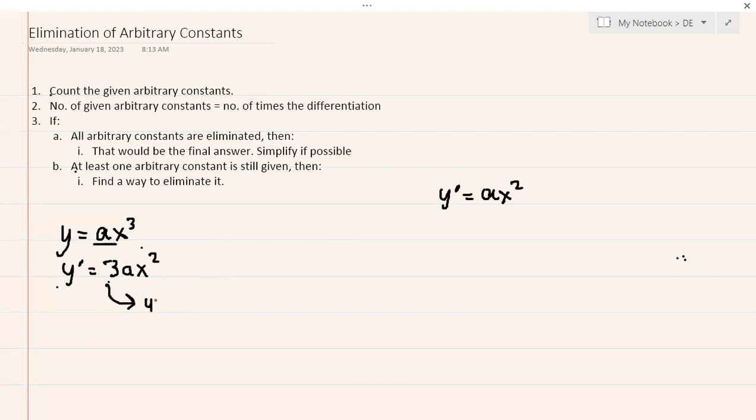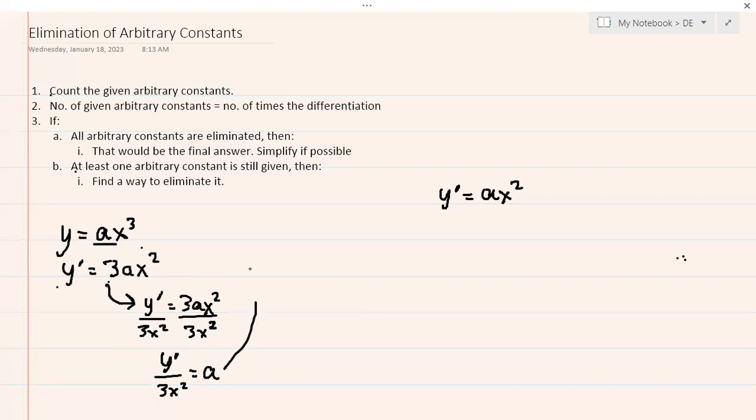So ito, y prime is equal to 3ax squared. Ang gagawin ko rito is I will find my a here. Hanapin ko si a dito sa equation na to. So by doing so, I'll divide both sides by 3x squared. So kung ganun, I will have y prime all over 3x squared is equal to a.